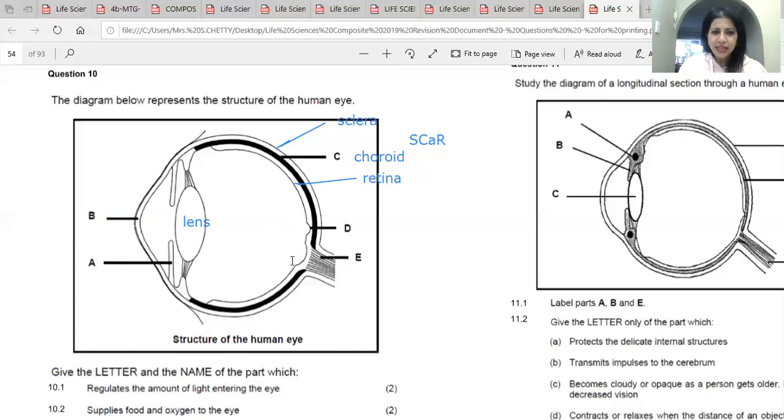And then this little kink over here is your blind spot. Whilst the yellow spot has your cones in high concentration, this has no rods, no cones. So if light happens to fall here, no impulse will be created, and therefore you would never be able to see from where the light came.